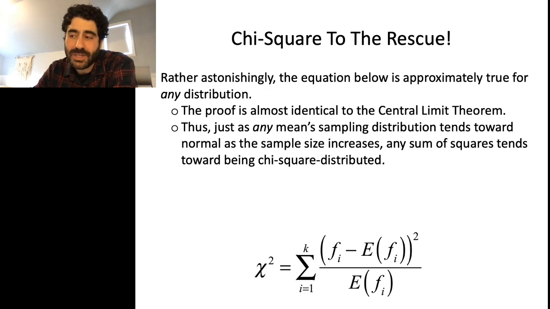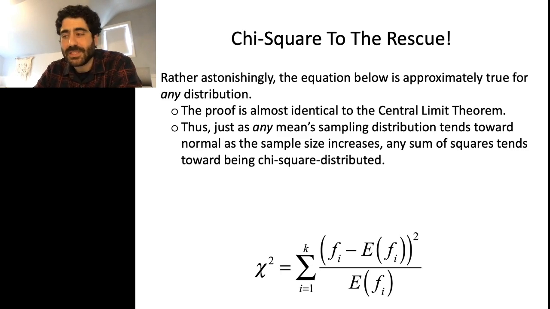Just the same way that as long as our sample is big enough, the sampling distribution of means tends to be normal, the sampling distribution of this chi-squared sum of squares tends to have a chi-squared distribution.